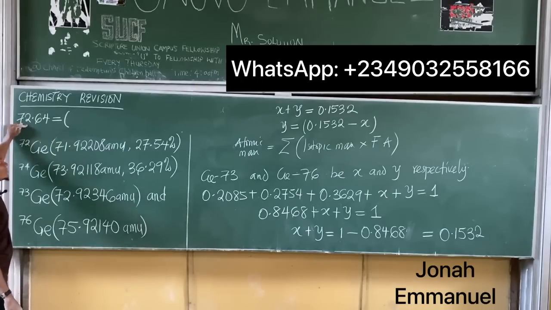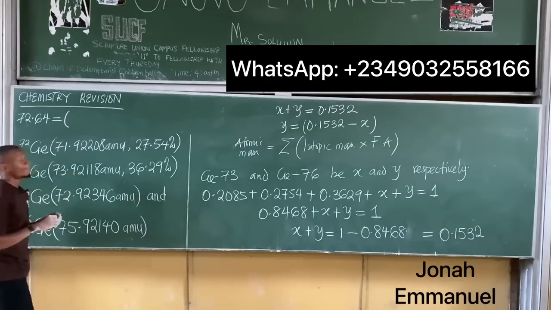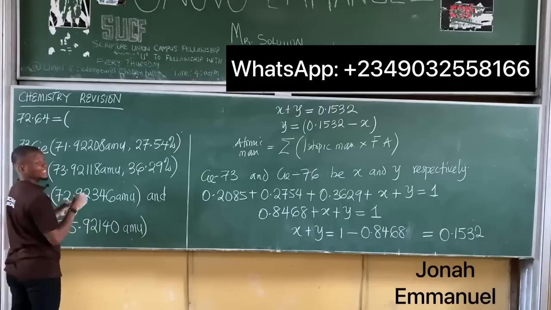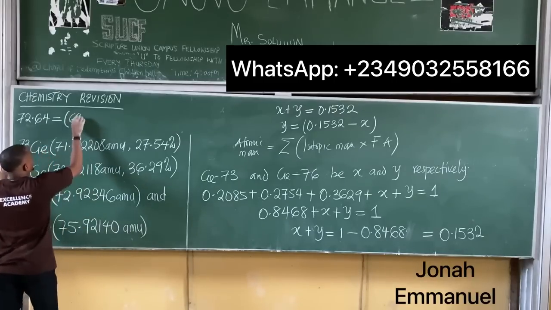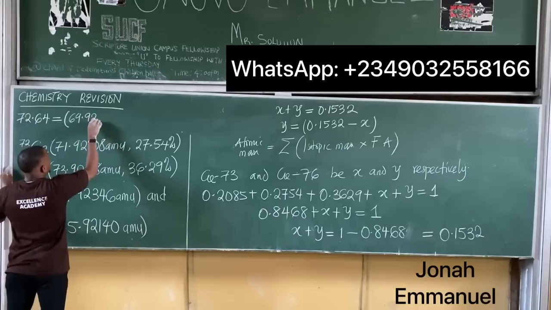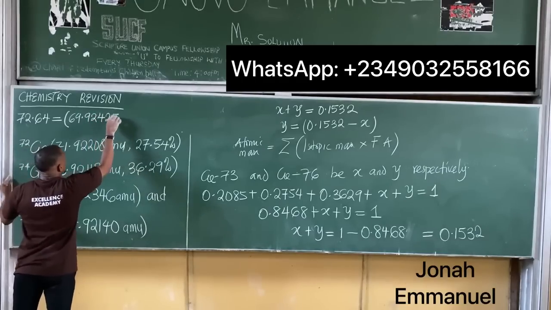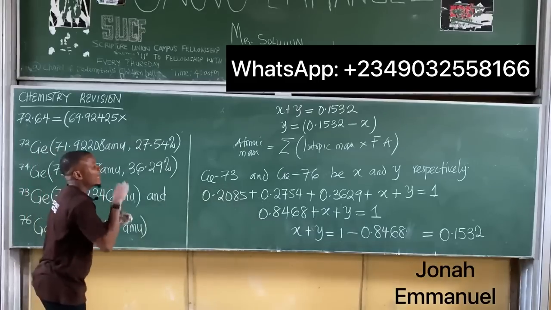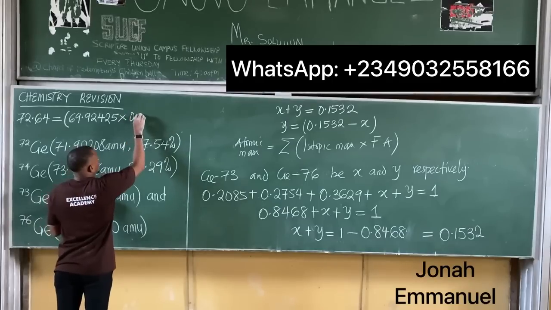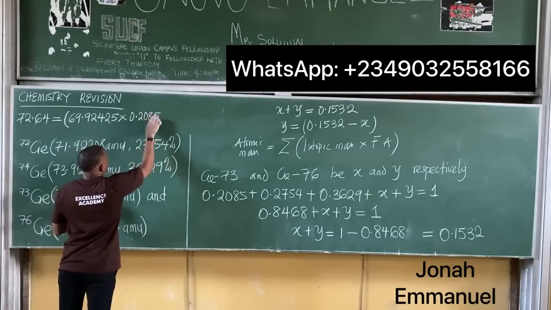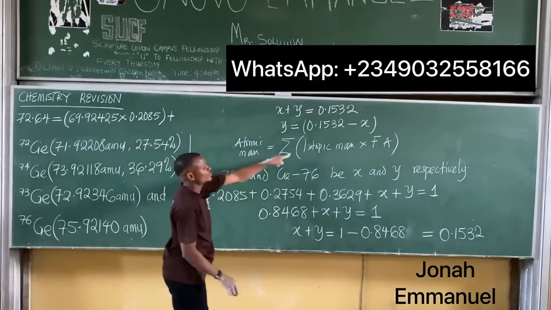For germanium 70, please check. What was the mass there? Check. 69? 69.92425 times, what was the fractional abundance in terms of decimal? 0.22085. This is for germanium 70 plus, we said we're taking the total sum.